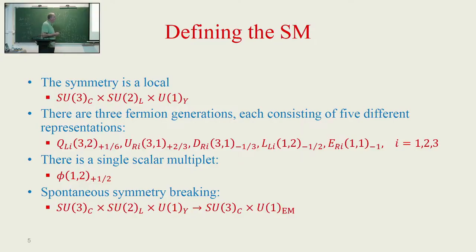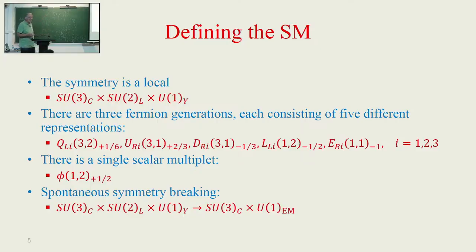For me, I'm impressed. The symmetry that we impose is a local SU(3) cross SU(2) cross U(1). The subindex C here says color, L stands for left, Y stands for hypercharge. This part we already saw for the leptons, and this is new compared to the leptonic standard model.